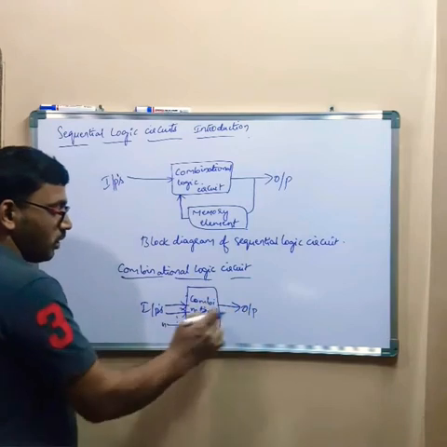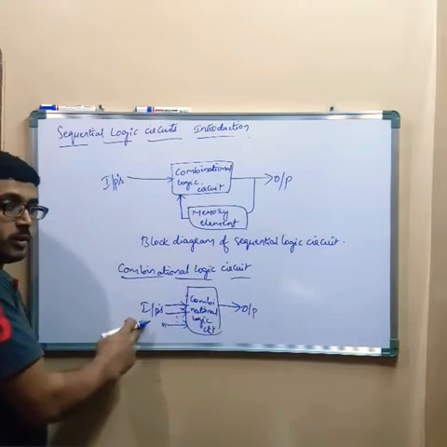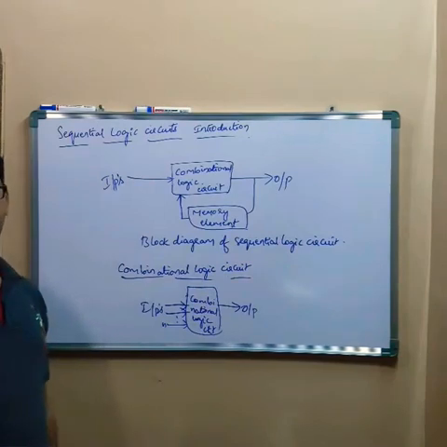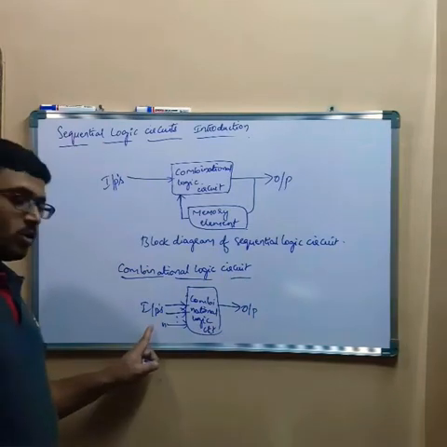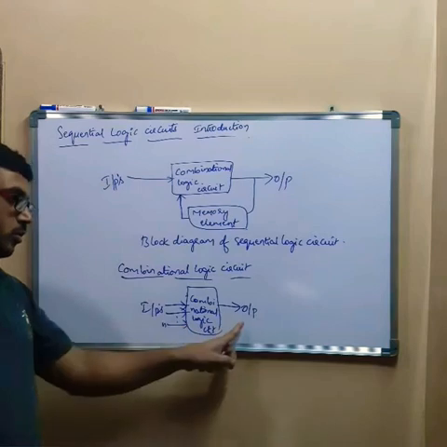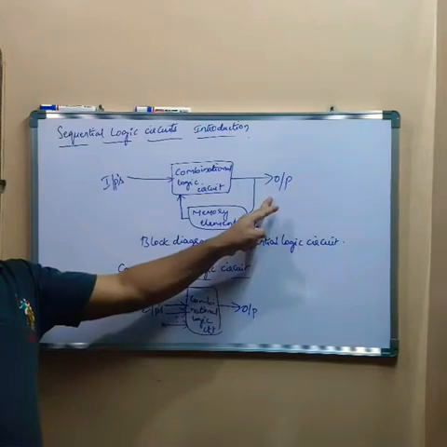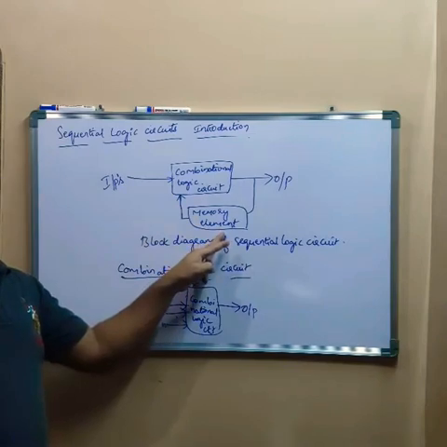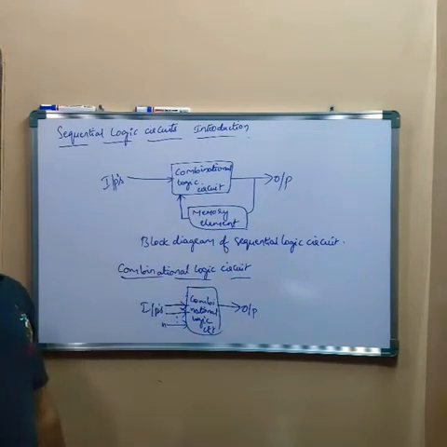This output depends only on the applied inputs, right? As this output depends only on the applied inputs, there is no past history of data. There is no storage element. This output depends on the present input variables, the applied input variables. Whereas in a sequential logic circuit, this output depends on the present input variables as well as the past output. So in order to store the past output, we require a memory element. This is the block diagram of a sequential logic circuit, and this is the block diagram of a combination logic circuit.